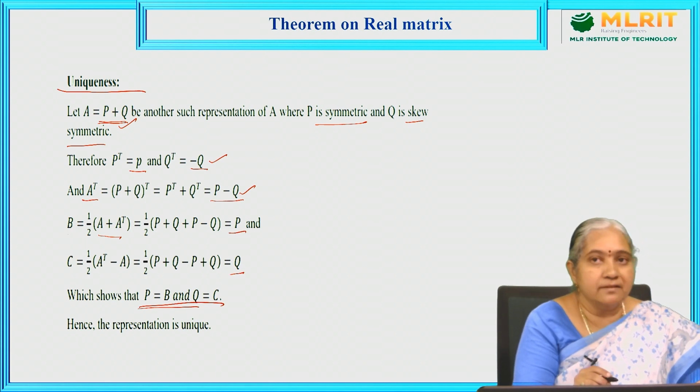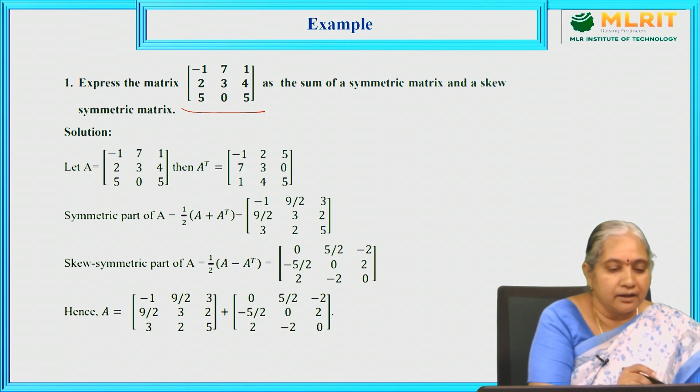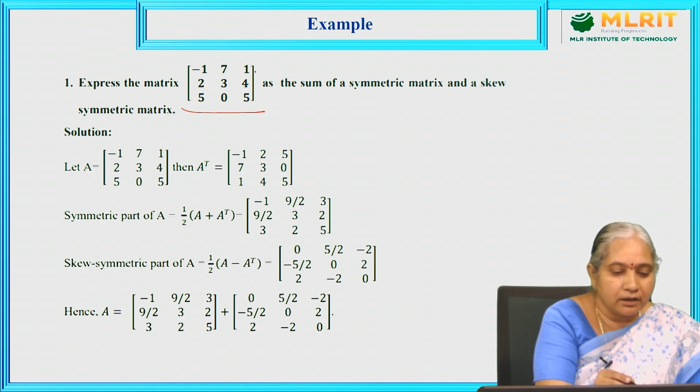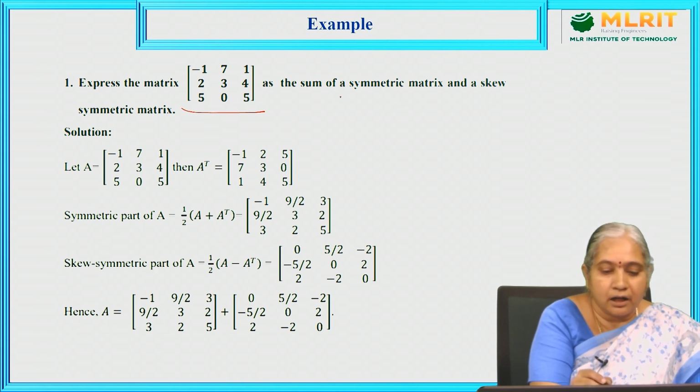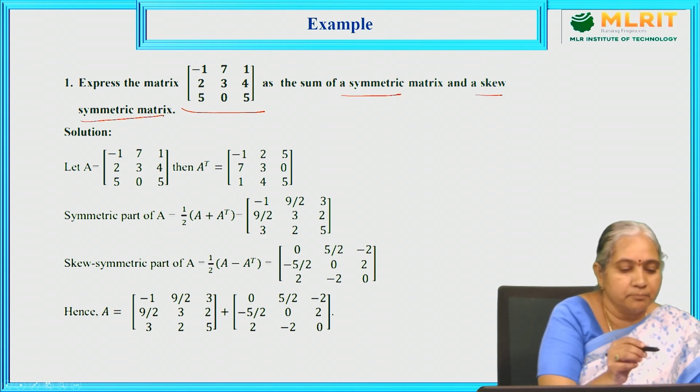Now we take an example of this theorem. This is the given matrix A, that is minus 1, 7, 1, 2, 3, 4, 5, 0, 5. Now express this matrix as the sum of symmetric and skew symmetric matrix.